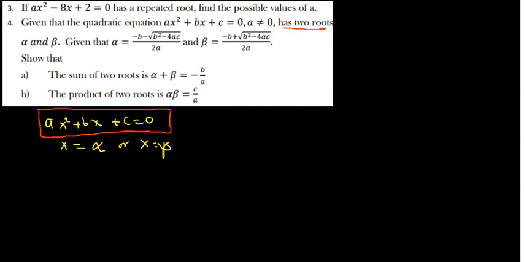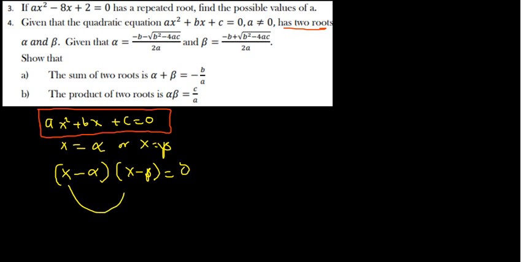So for x is equal to alpha and or x is equal to beta, it is x minus alpha and then x minus beta is equal to 0. All I'm doing is taking the beta this side, it becomes negative, the alpha this side becomes negative. You can try: equate this to 0, equate this to 0, and you're going to find that x is equal to alpha or x is equal to beta.